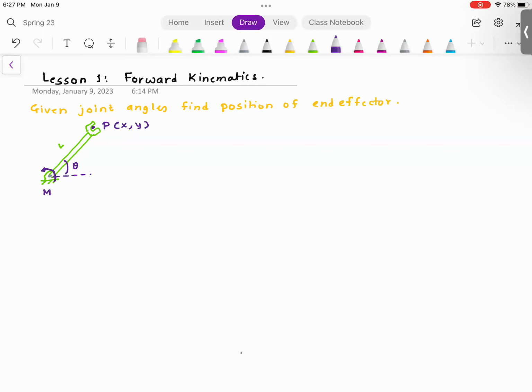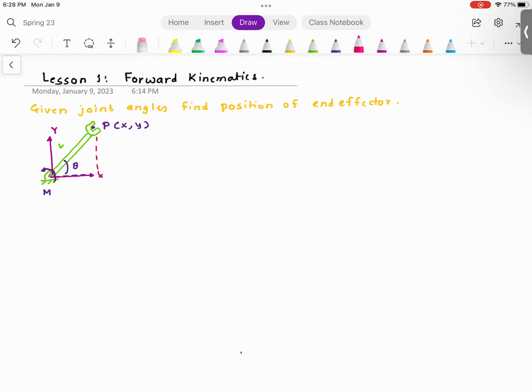And if I say the position of the end effector, since it's a two-dimensional system, you have only two axes, one is x and one is y. I want to find out P(x, y). And some of you may say, hey, this is way too simple. Yes, it is simple.